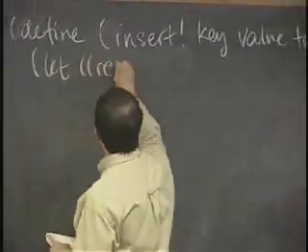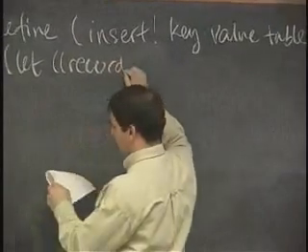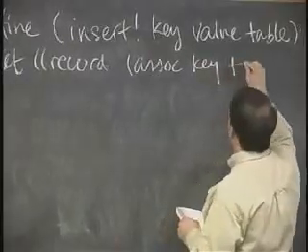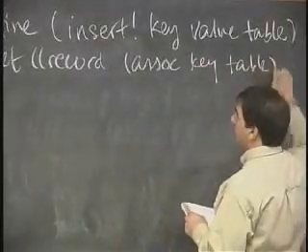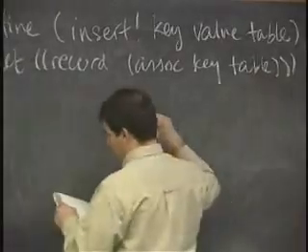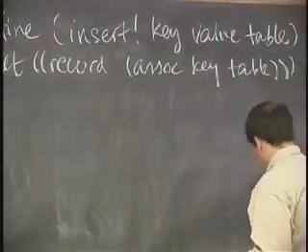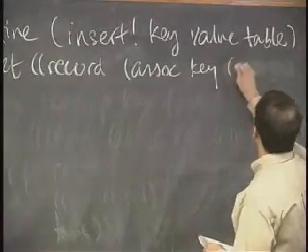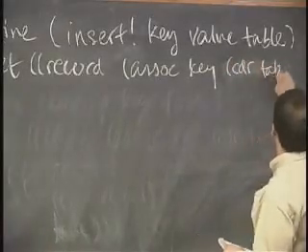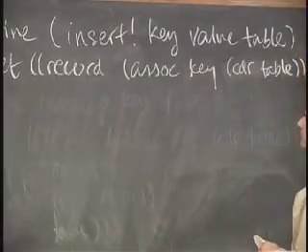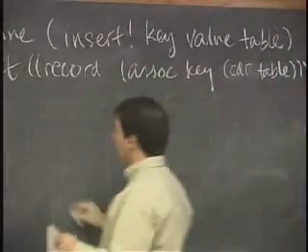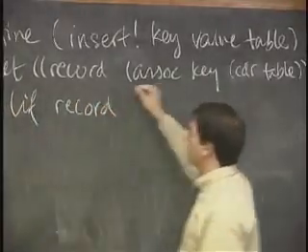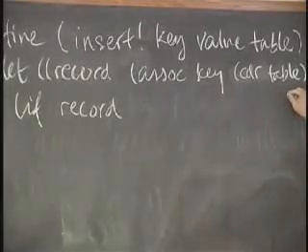Let record be assoc key, cdr of table. If the record is found, we first look up the record using the same mechanism we used before.